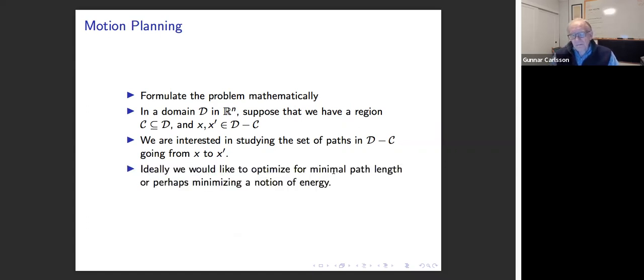Now, why would we want to study the set of paths, or actually the homotopy classes of paths from X to X prime? Here's one motivation. Ideally, we'd like to optimize for some kind of minimal path length, or minimize a notion of energy of the path.